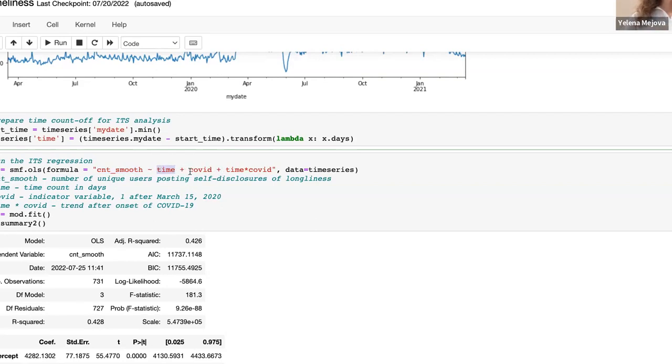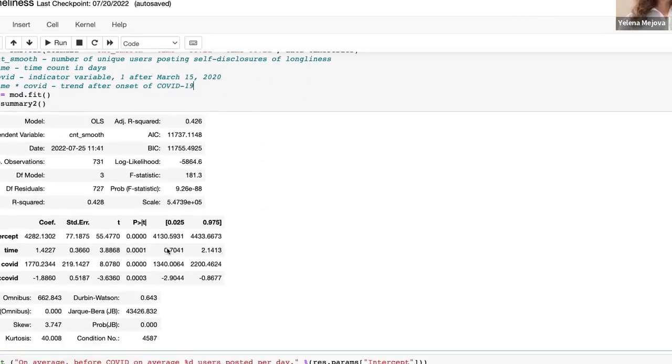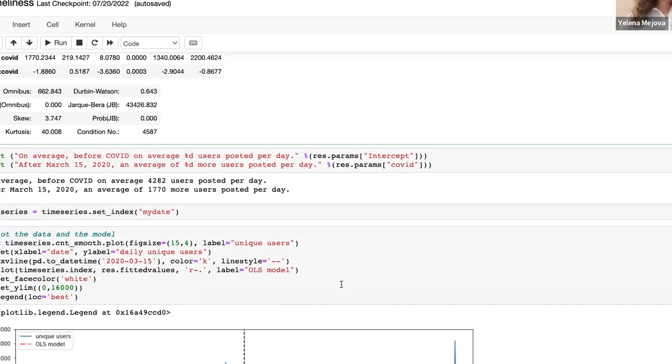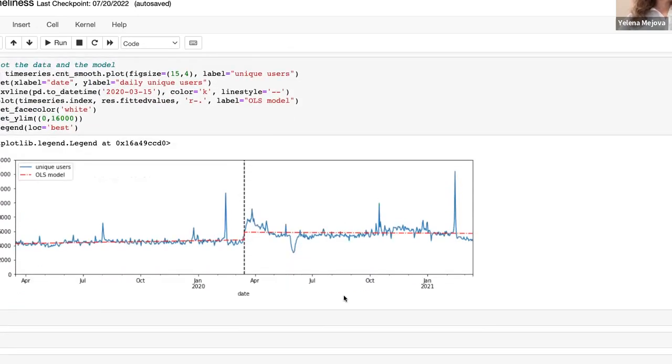And we're separately looking at COVID: does the COVID variable add something to our count? And we also look at it afterwards: how much over time does it change during COVID? So extremely simple, this is just counting off 1, 2, 3, 4, 5. And this is an indicator variable where it's 0 here and it's 1 here.